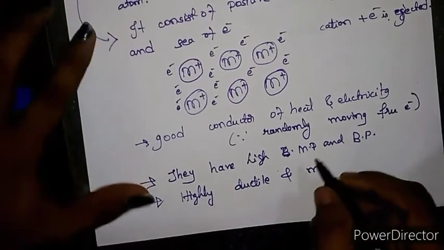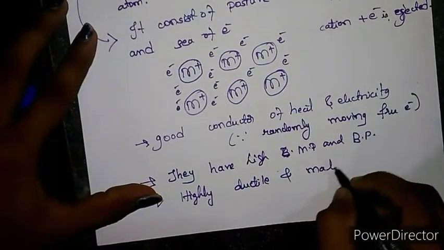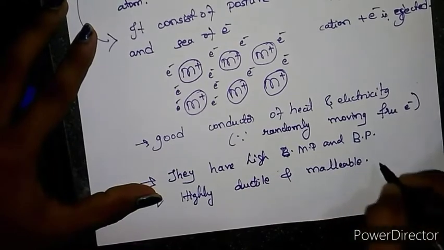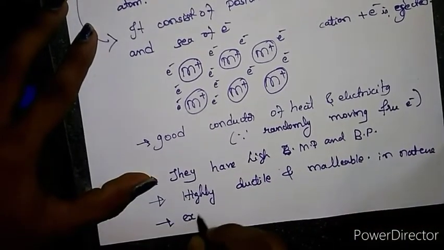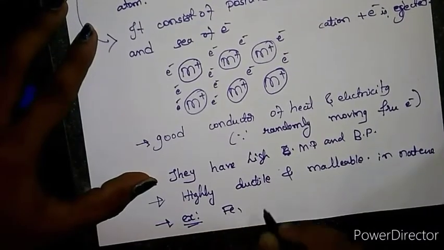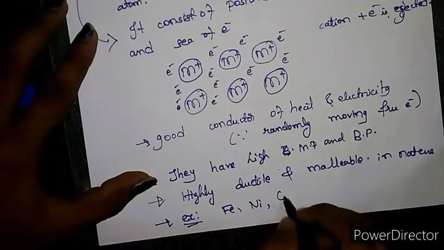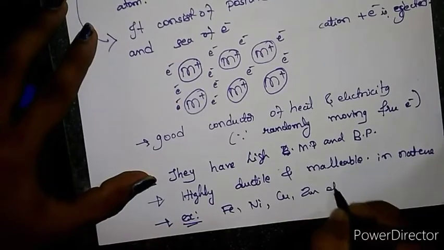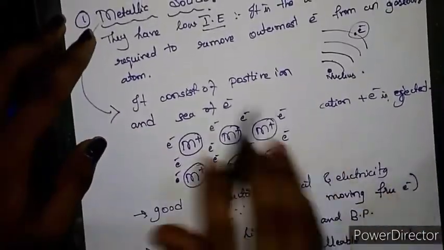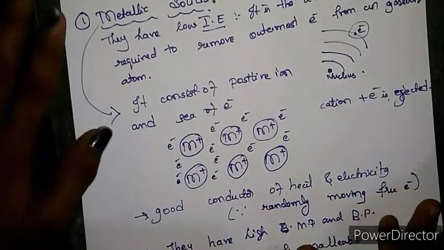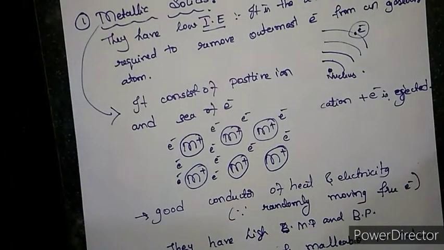These are the properties of the metallic solid. What are the examples? Examples are iron, nickel, copper, zinc, etc. All the metals come under metallic solids. This is about metallic solids. The next is the ionic solid.